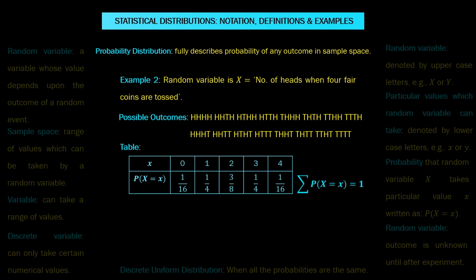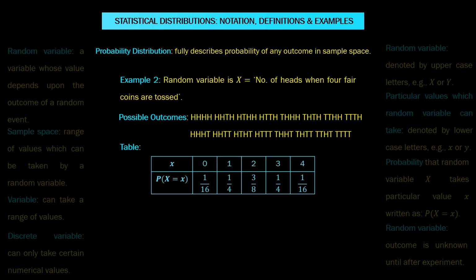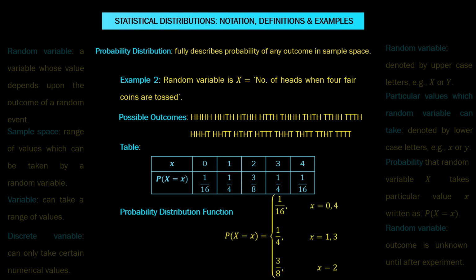We can check that these are correct by adding up all the probabilities and seeing that they equal 1, and they do indeed equal 1. And now let's have a look at the probability distribution function. This is going to look like this.